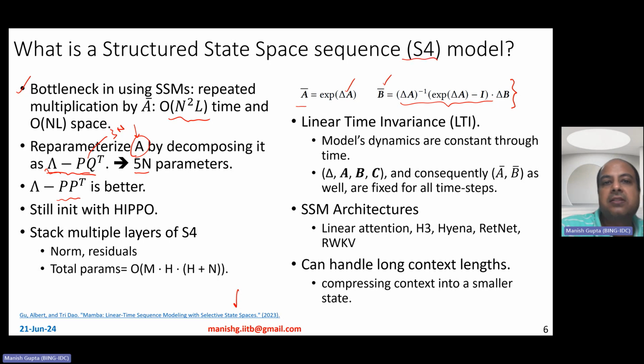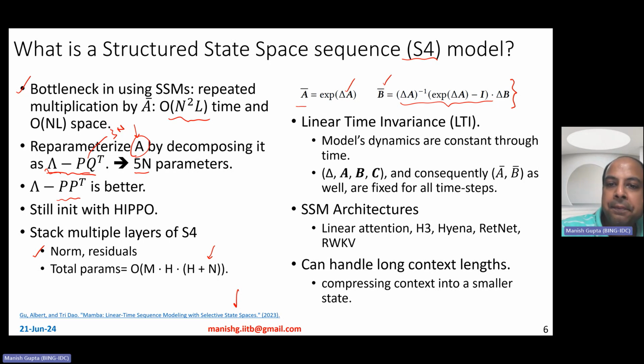They're called S4 models, structured state space sequences, because you're structuring A into a particular form. So you have layer normalization, you have residual connections. The total number of parameters does not change. It's basically the same, but what changes is that you're now also training A rather than keeping it fixed.